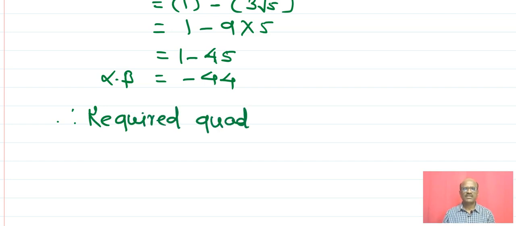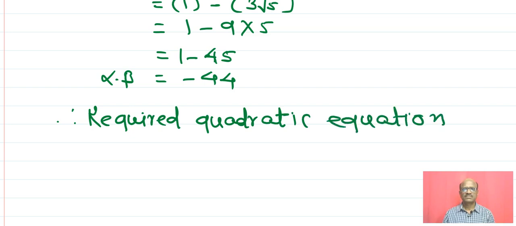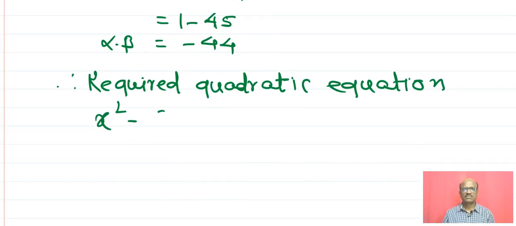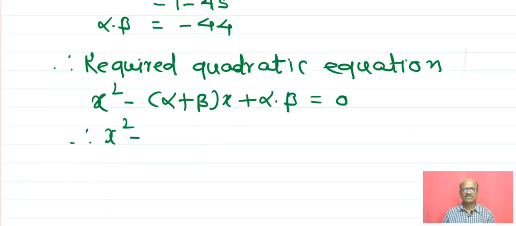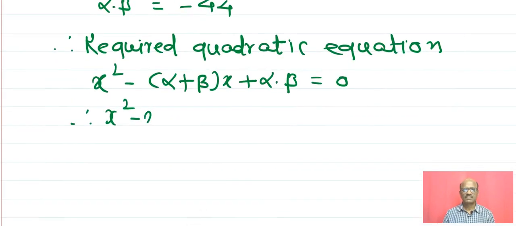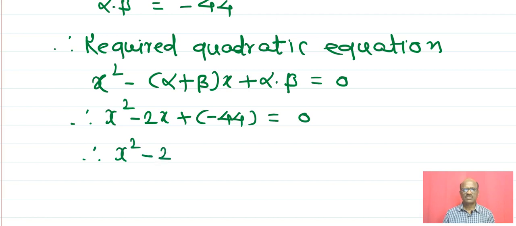Therefore, the required quadratic equation x square minus in bracket alpha plus beta into x plus alpha into beta equals to 0. Therefore, x square minus 2x minus 44 equals to 0.